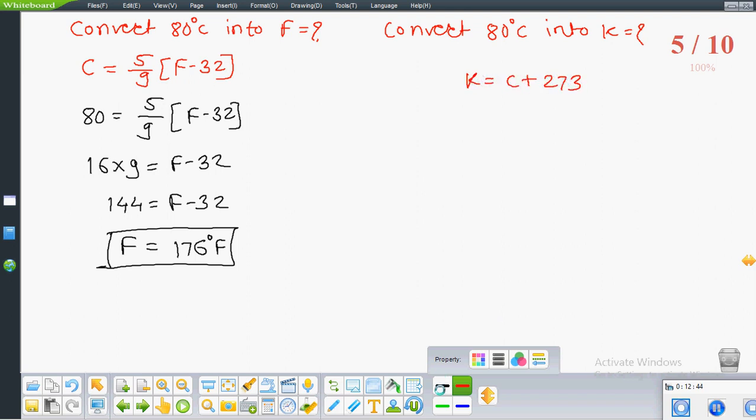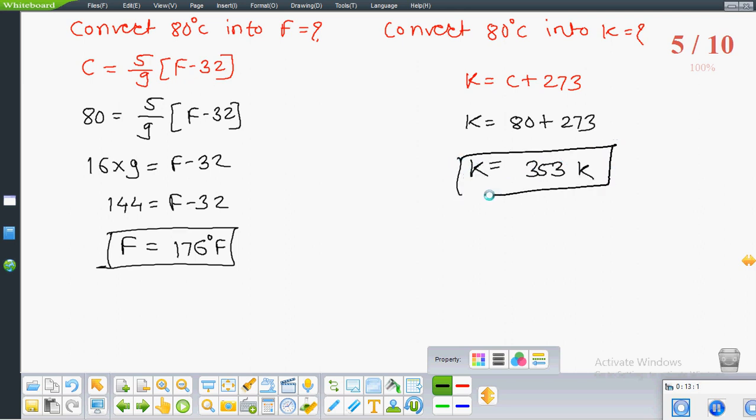So just put here K equals 80 plus 273, and it will be equal to 353 degrees Kelvin. So this is the answer of the conversion.